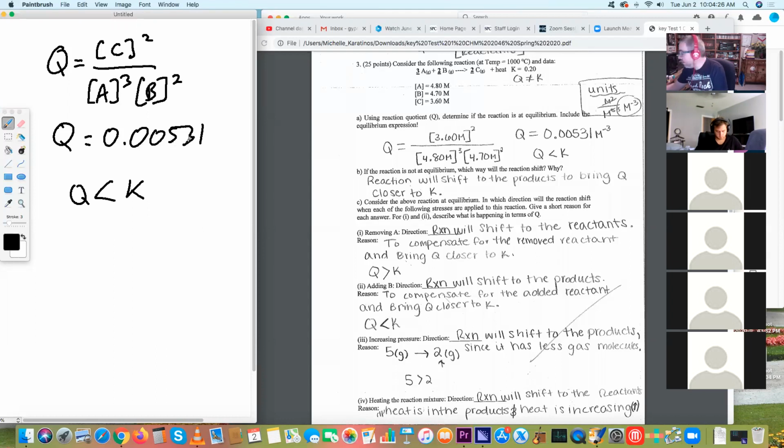Now, if Q is going to get bigger, the only way that happens is if C gets bigger or A and B get smaller. Now, it turns out that if C is getting bigger, then A and B must be getting smaller because it's A and B that are being used to make C. So we know that the reaction is going towards the product side.